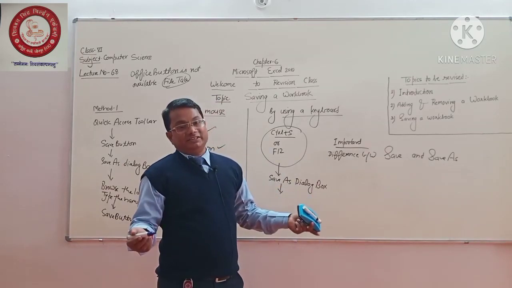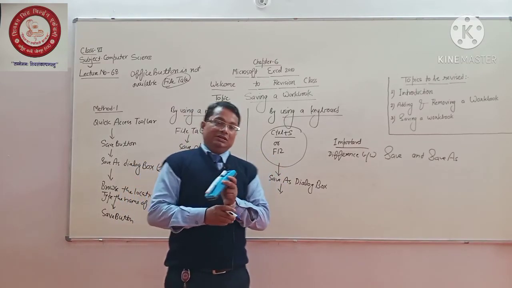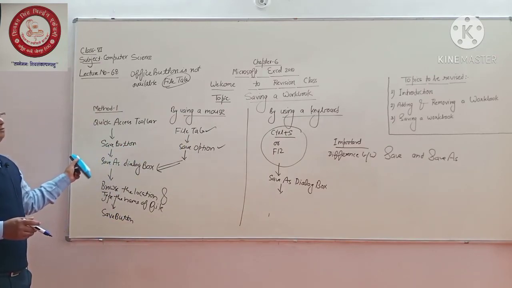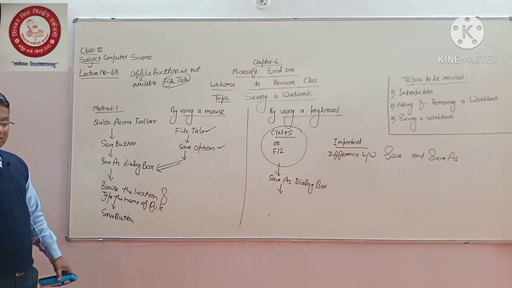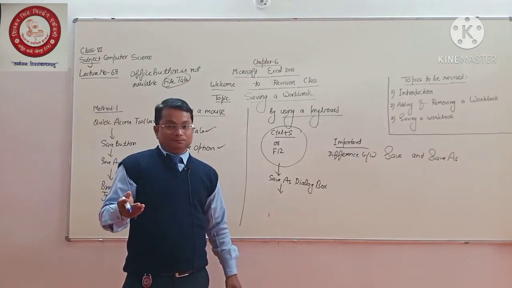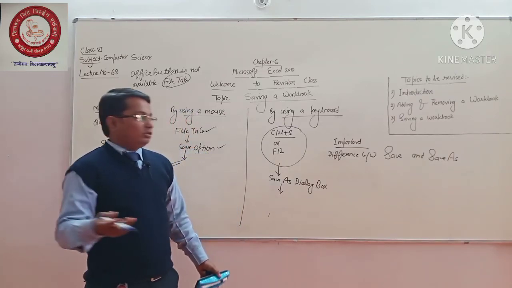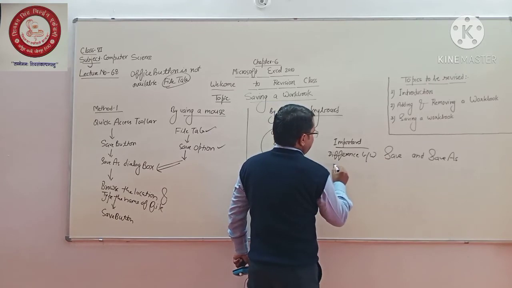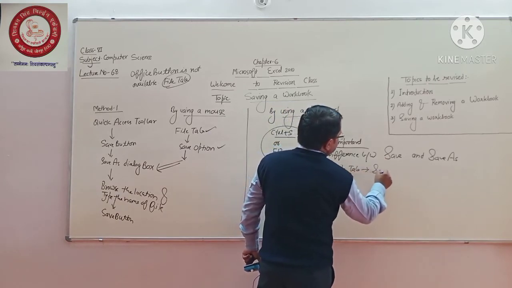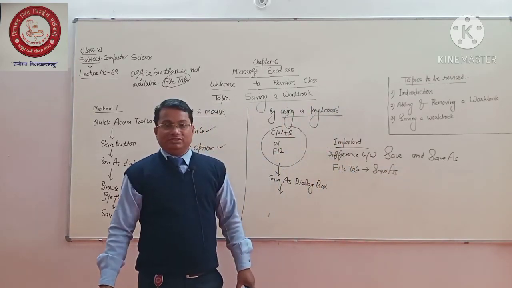What is the difference? Suppose you are just trying to save your file. There are several methods already there to perform the Save option. But suppose any of your friends is asking about the same file. It's nothing to worry about. Just click one more time on the File tab and select the Save As option.